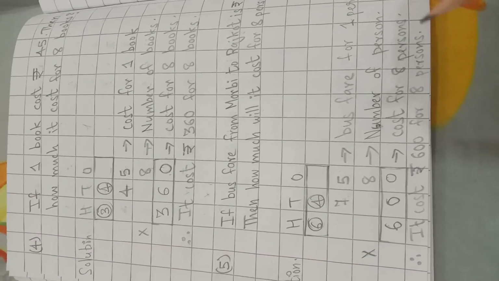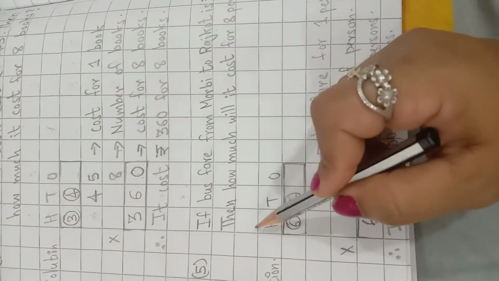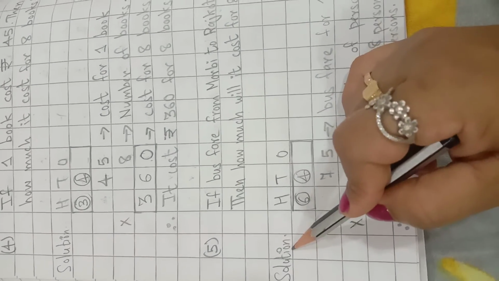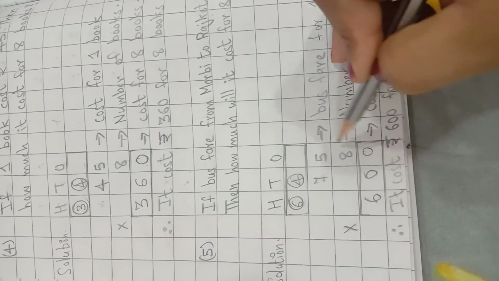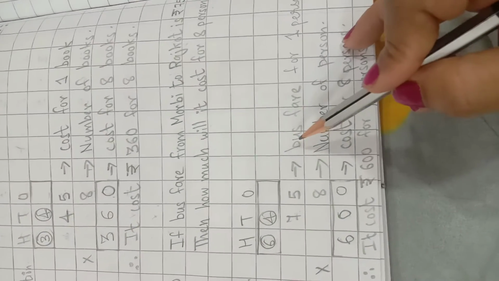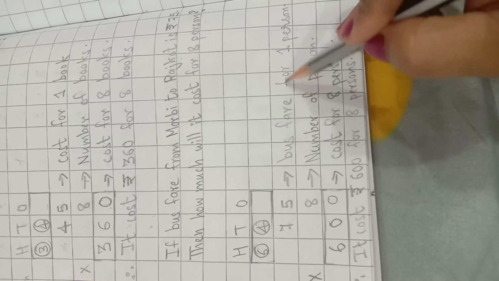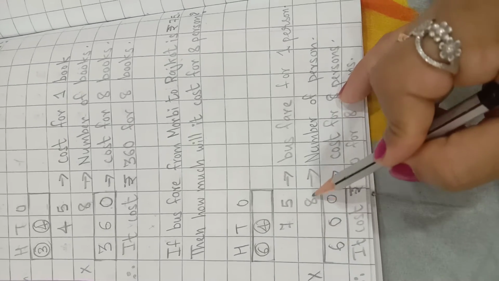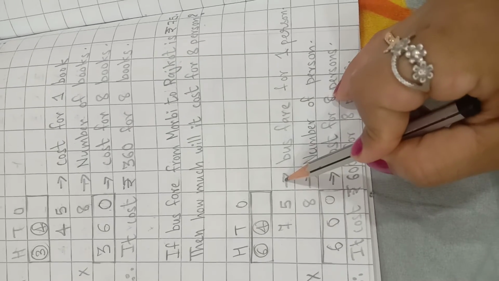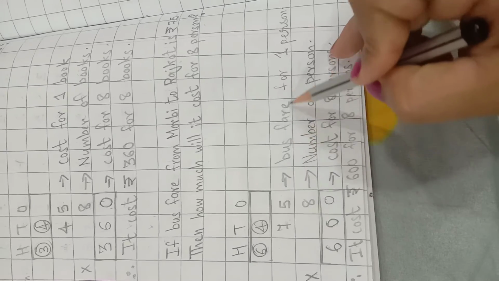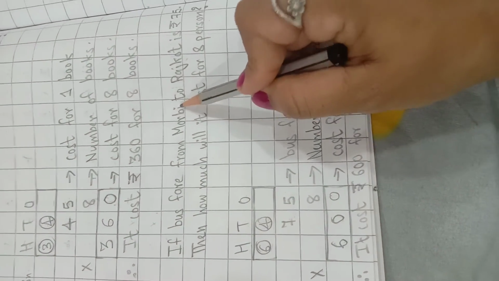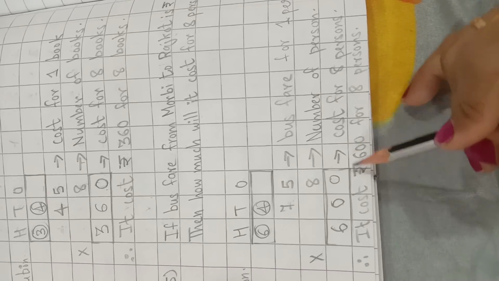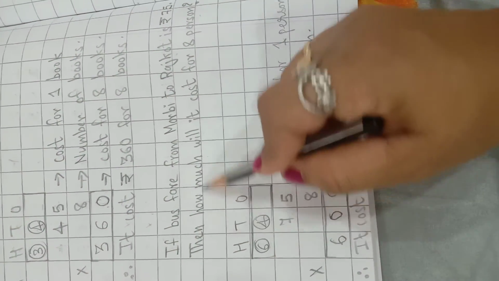Okay. Now in the exam, when this type of question is asked, you have to write solution, you have to draw this multiplication ground, and you have to mention in each line what this number is of and what that number is of. You have to put an arrow mark and write the sentence from the question. Then the last statement you have to write from the question's last sentence.